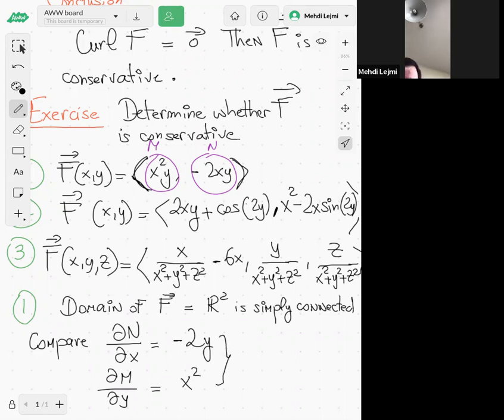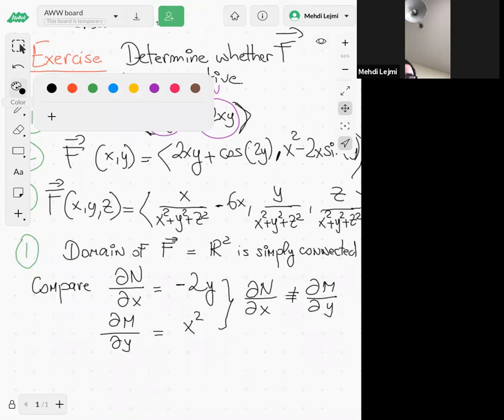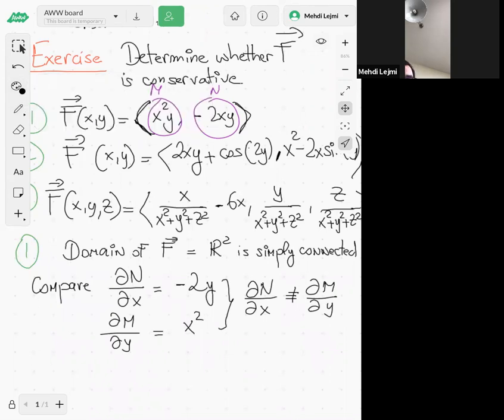So partial N, partial x is different from partial M, partial y. All right, so then the vector field F is not conservative.